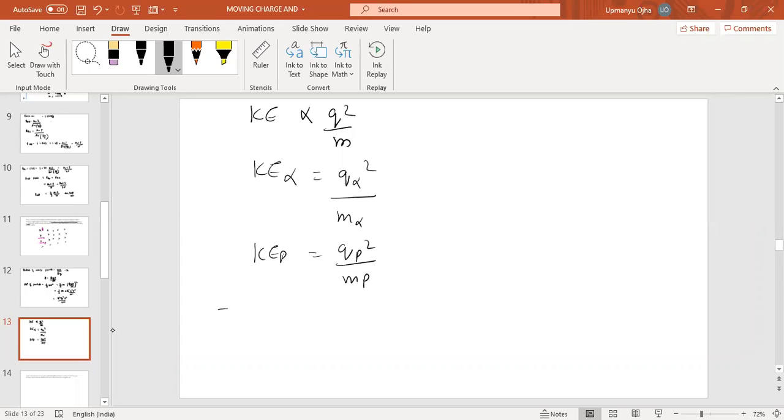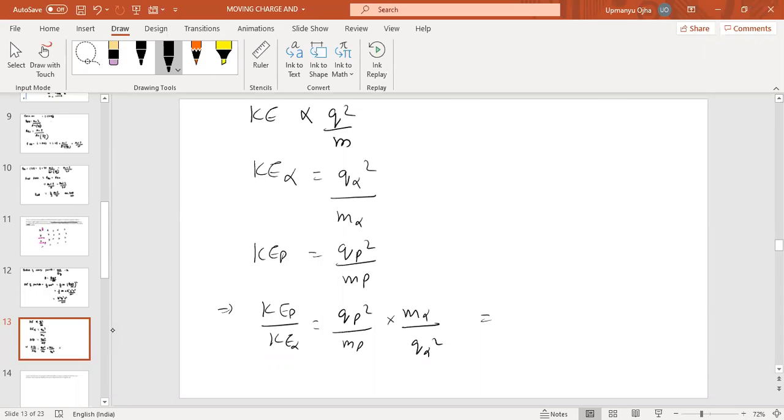Okay, if I find the ratio of kinetic energy of proton by kinetic energy of alpha particle, that will come as the charge on proton whole square by mass of the proton into mass of the alpha particle by charge on the alpha whole square. So what is the charge on proton?